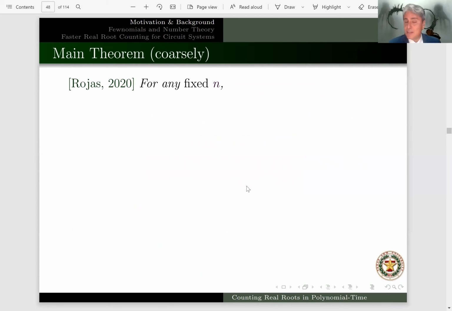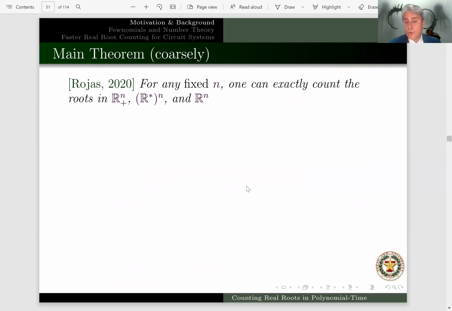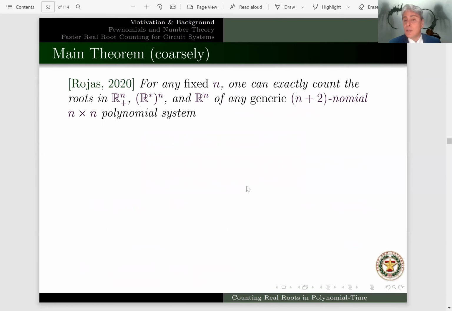If you fix n, a fixed number of equations and variables, then you can count exactly the number of roots in the positive quadrant, the real algebraic torus, or R^n, of any generic n plus 2 nomial n by n system, as I've defined it before. Generic, what does that mean? Well, two things. I need the exponent vectors to be affinely independent. That's a mild assumption, just to prevent silly changes of variables that reduce to a smaller number of variables. That's a very reasonable assumption.